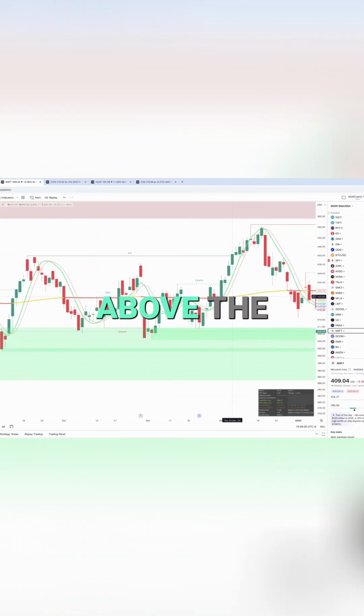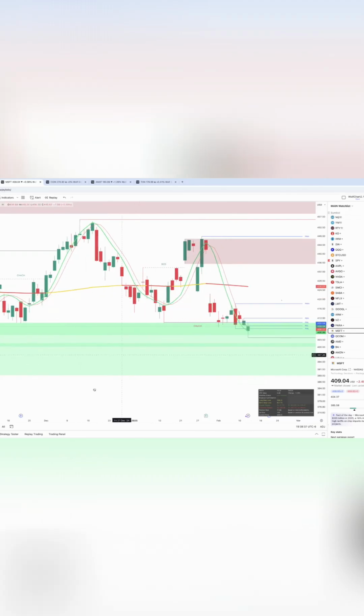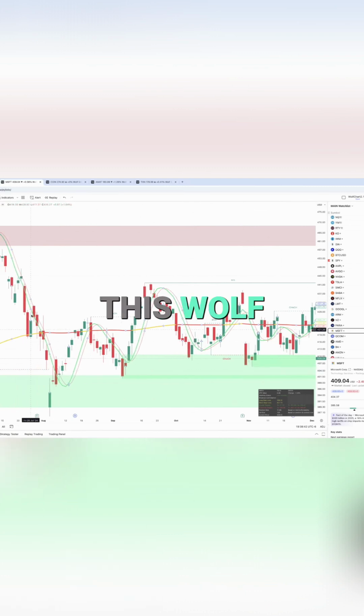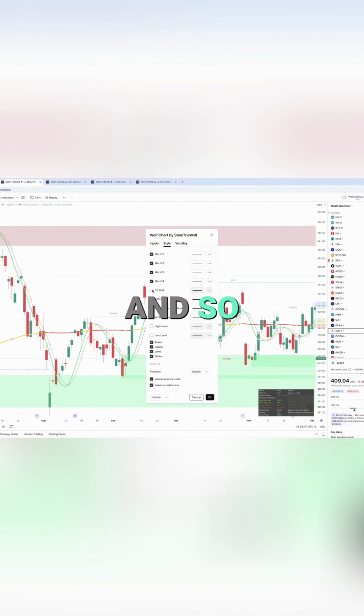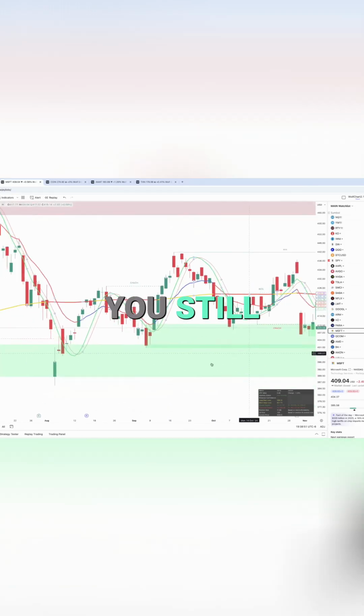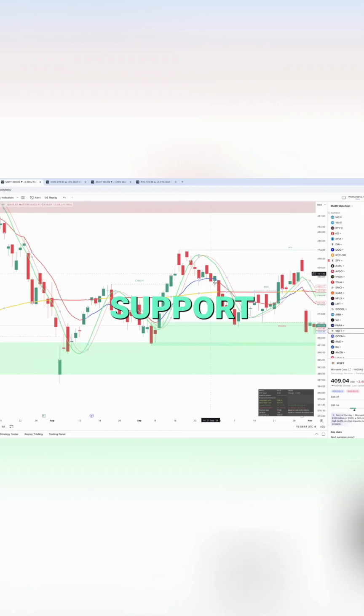And once we get back above the 200, you see when the moving average gets fully above it and we're pushing up, we get closer to those bigger moves. But it's going to help you get in and out of your trades early with your early entry trades. This Wolf trend moving average. And when we add our 12 back, when all three of them are on the chart at the same time, you still have your dynamic support and resistance with the 12.